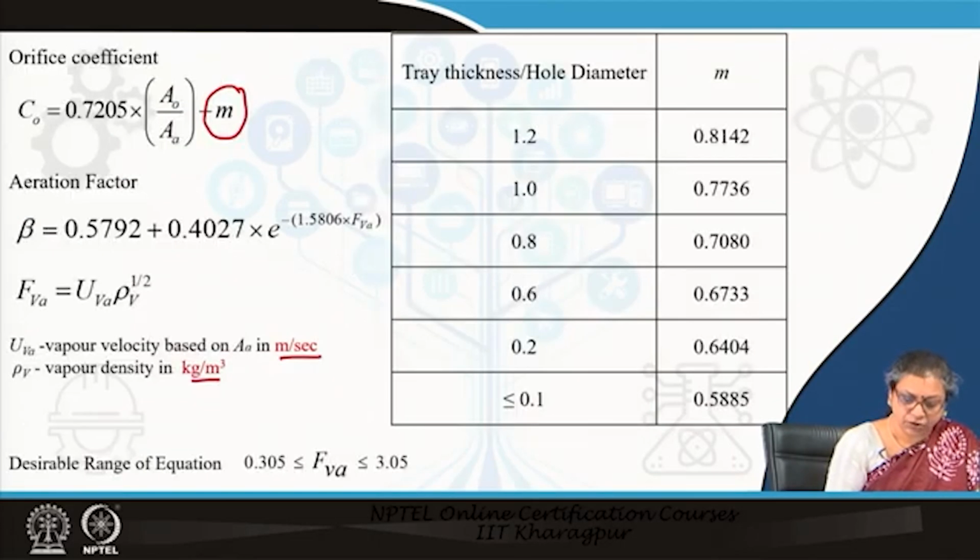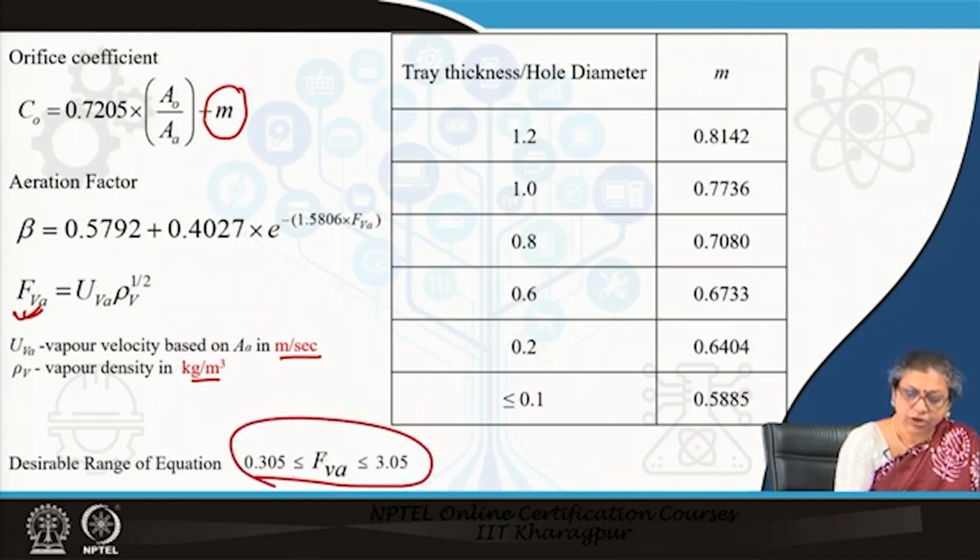So, with all this, we are in a position to find out the tray pressure drop. Just certain checks you have to do: when we are calculating FVA, it is important to find out that FVA lies in this particular range, because based on this the relationship for beta has been done.